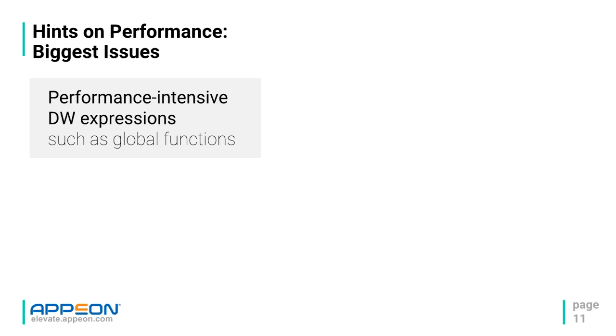For instance, if you use global functions in data window expressions, even if they're not set dynamically, if you already set them in the graphical data window editor, that's horrible, because your data window is always on the limit of performance, and global functions are quite demanding regarding performance, so you shouldn't use them at all in those graphical data windows.